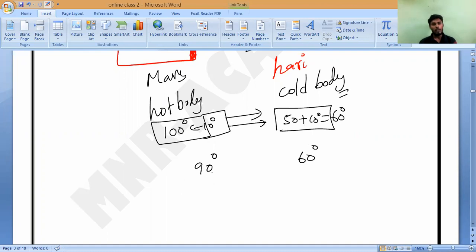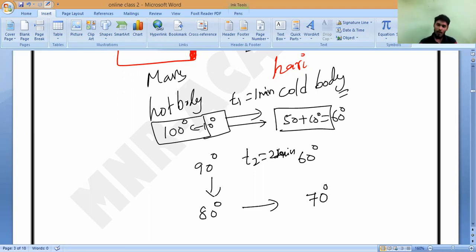Now, after 1 minute, let me imagine time also. When T1 equals 1 minute, okay, Mari? Now when time increases to T2, after 2 minutes, your body temperature falls to 80 degrees, meaning Hari's temperature is how much? 70 degrees. Is it yes or no?